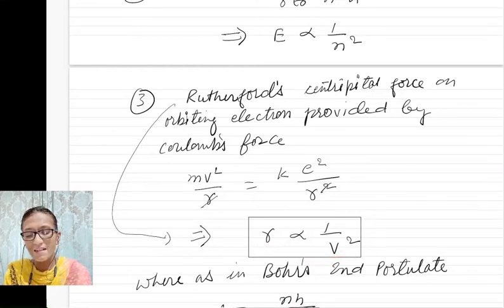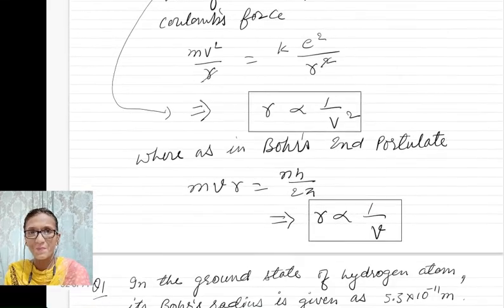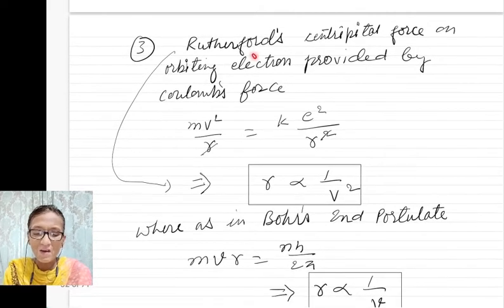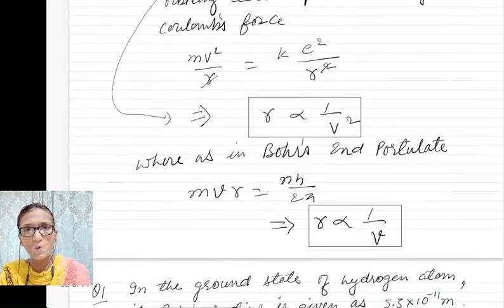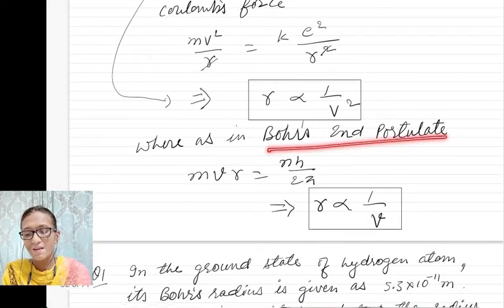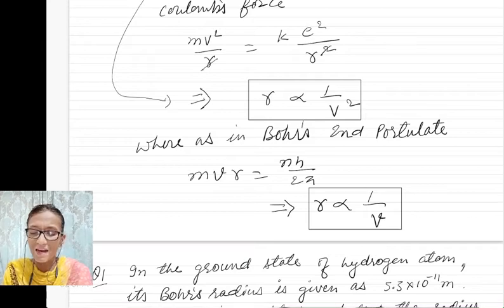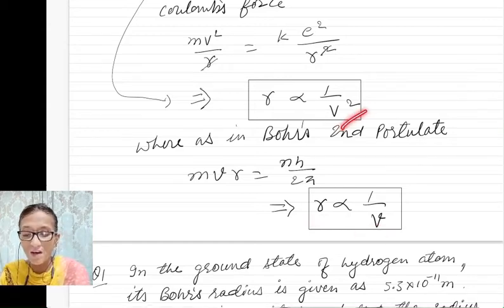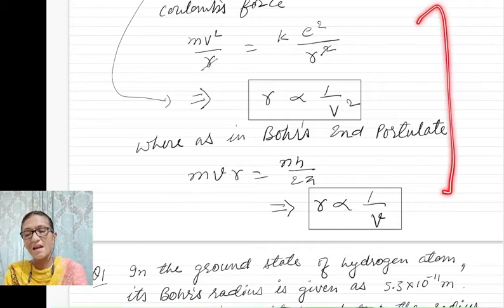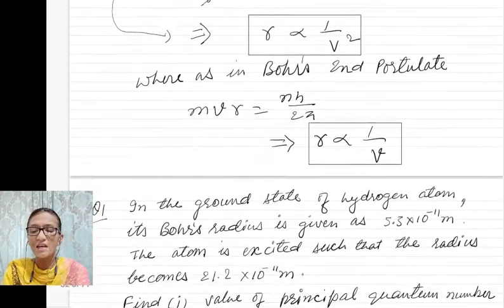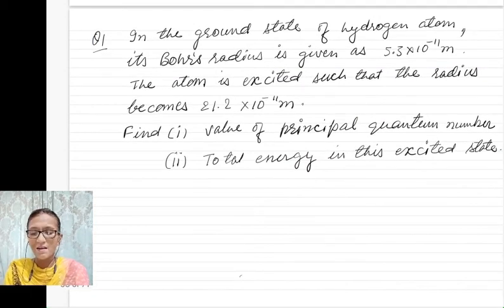You can find that R is inversely proportional to square of V. And when questions are not related to the Rutherford model, then from Bohr's model, second postulate, mvr is equal to nh by 2 pi, and therefore R is inversely proportional to V only and not the square of V. So keep all these things in mind while doing questions.